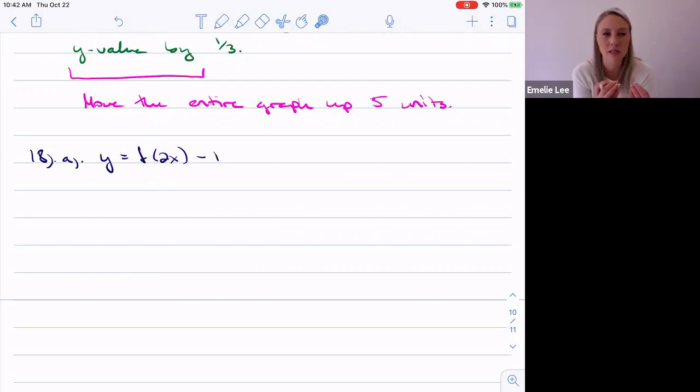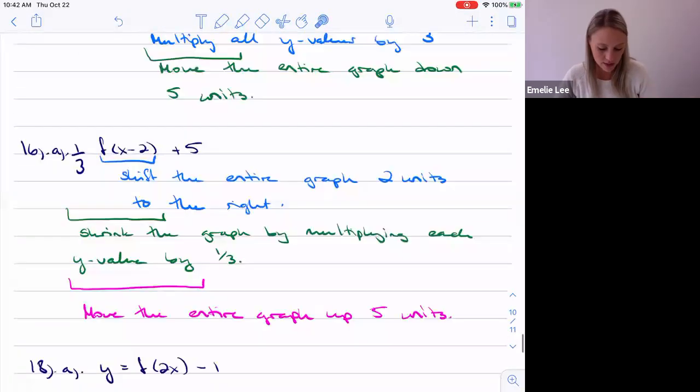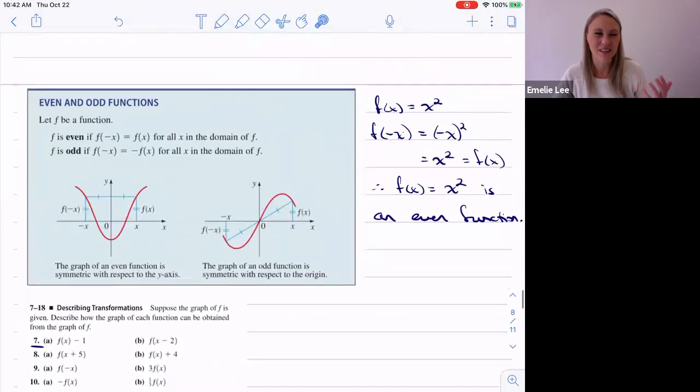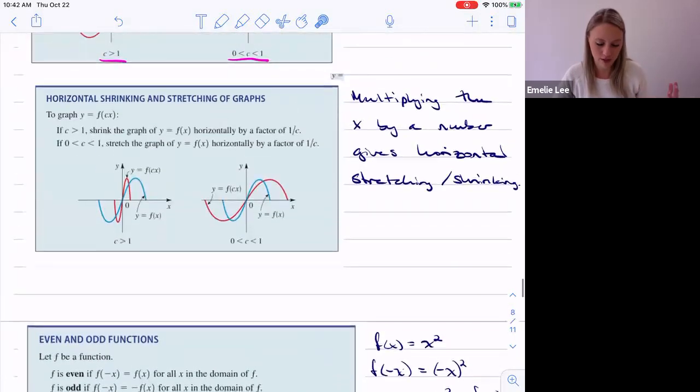So 2 times x is the first thing that's happened. So let's go back here because when we're changing the x, it's just good to double check that you've got it right. And so c in this case is going to be 2. So 2 is greater than 1. So it's actually going to shrink the graph horizontally by a factor of 1 over 2.